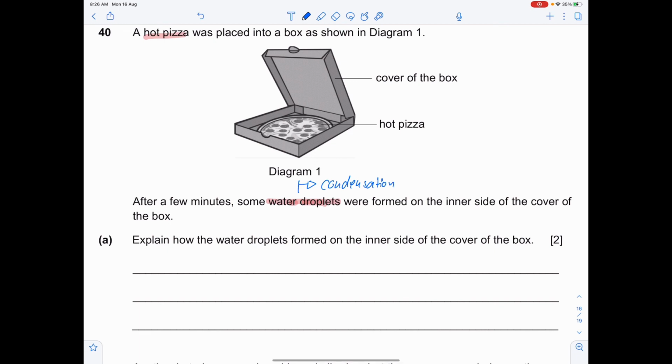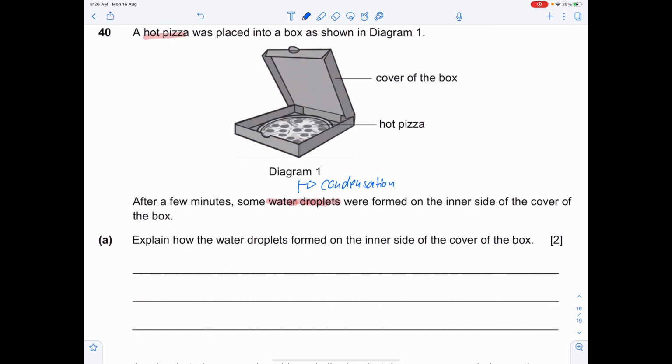And you realize that there is a measured variable here, even though it's not exactly like an experimental setup. The measured variable is the amount of water droplets, correct? They ask you to give a reason on how the holes help to reduce the amount of water droplets formed. So the holes are the change variable, and this is the measured variable, my apologies.